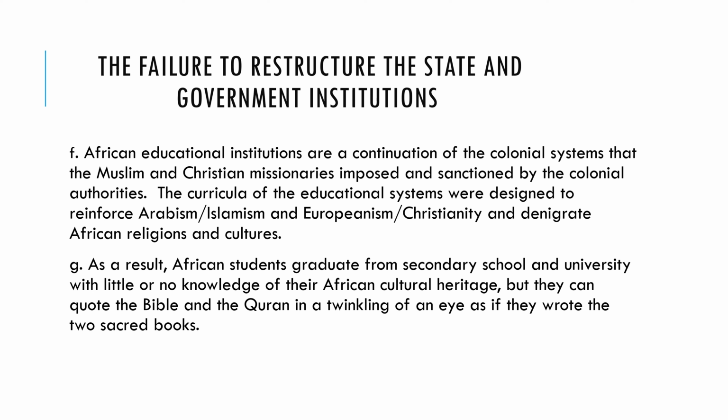As a result, African students graduate from secondary school and university with little or no knowledge of their African cultural heritage, but they can quote the Bible and the Quran in a twinkling of an eye as if they wrote the two sacred books. That tells you the nature of the African educational system in independent Africa.